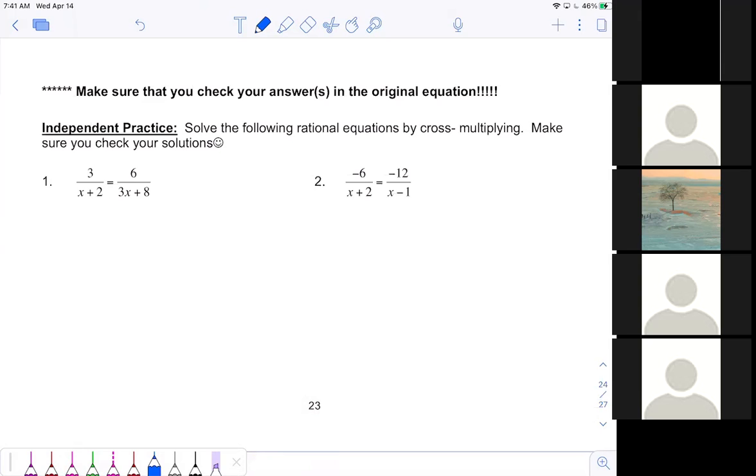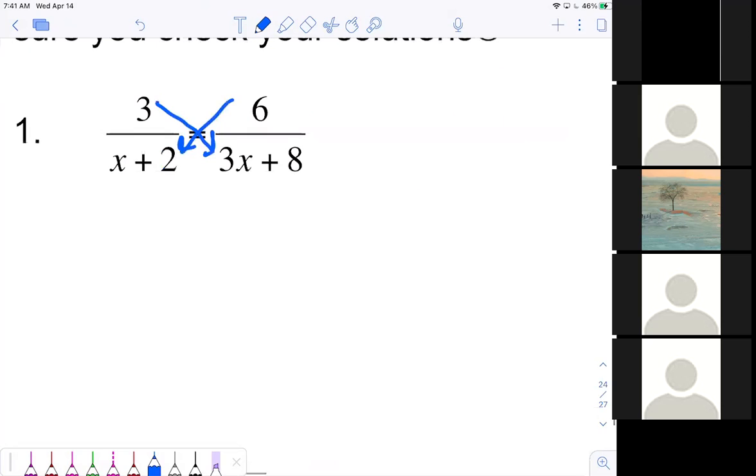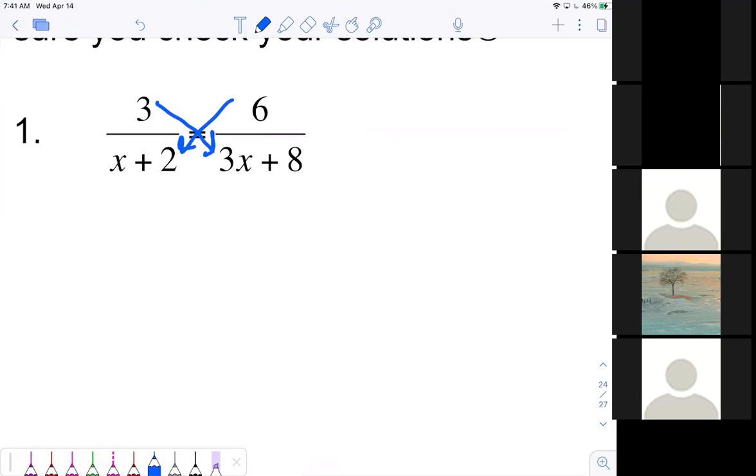So Ava M, when you're ready, if you could tell me the expression that you end up with when you use cross multiplication. I got the expression 6x plus 12 equals 9x plus 24. Nice. And then when you got your x on the left and your number on the right, what did you end up getting?